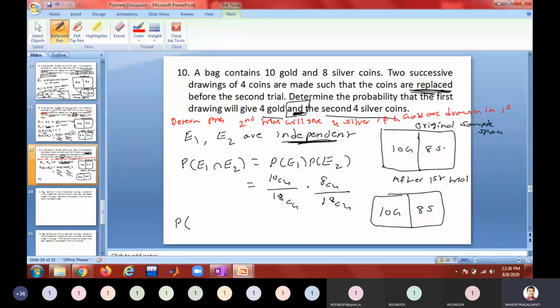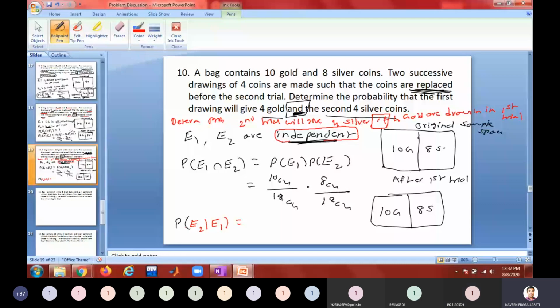If I write like this, what kind of question am I asking? When you see the word "if", what kind of probability am I asking you to find out? Conditional probability. That means I'm asking you to find out P of E2 given E1. But what kind of events are there? Independent events. For independent events, is there an effect of E1 on E2? No, sir. So for independent events, what is the conditional probability of E2? P of E2 itself.